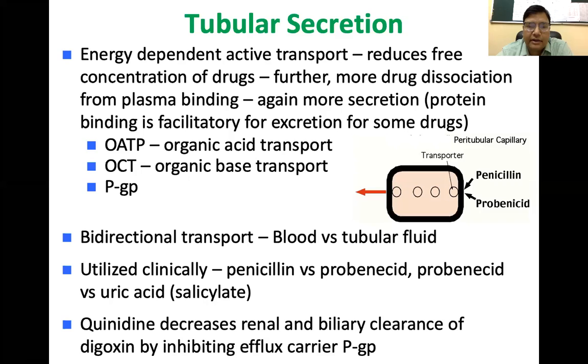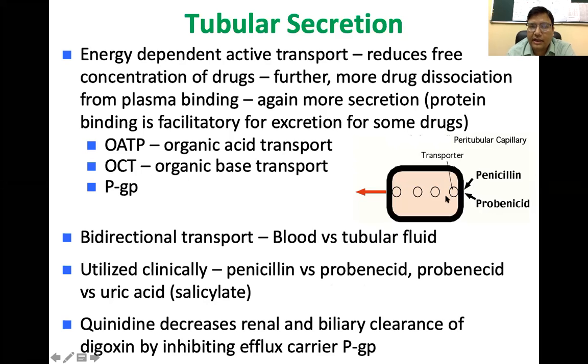They have the therapeutic or clinical effect seen. One very important classical example used clinically is penicillin and probenecid. Probenecid is a uricosuric drug. It increases uric acid secretion in the urine and so is used in gout. What these drugs do is that they are organic transporter inhibitors.